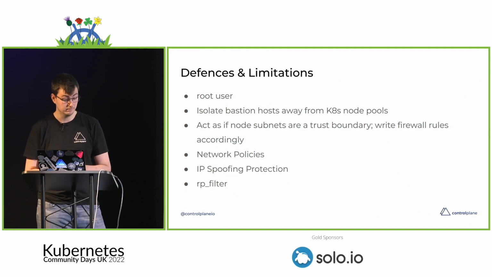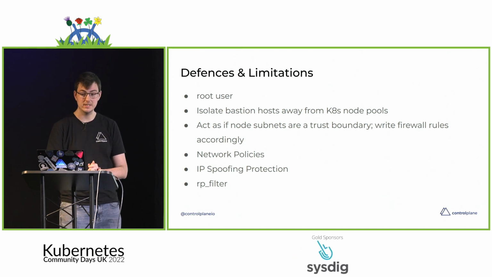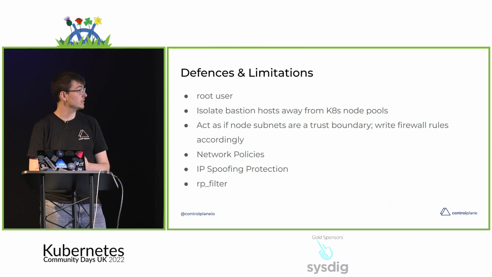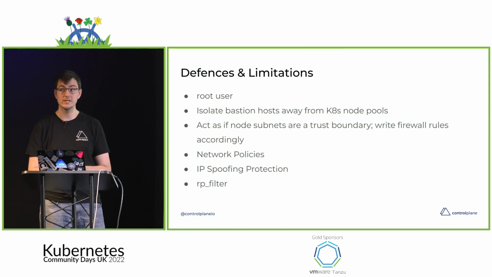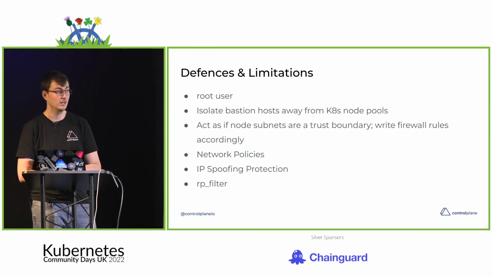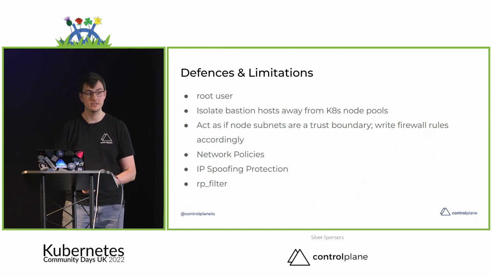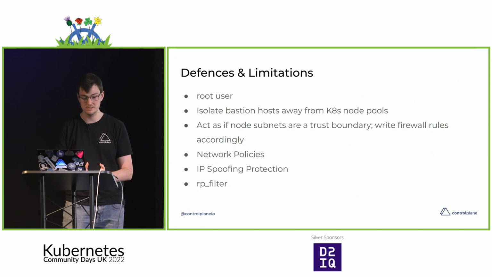All of the things I demoed today assume that no network policies are in place, especially for some of the DNS stuff. Make sure that you have network policies, especially in kube-system, so that you can prevent DNS queries from outside the cluster into kube-system.